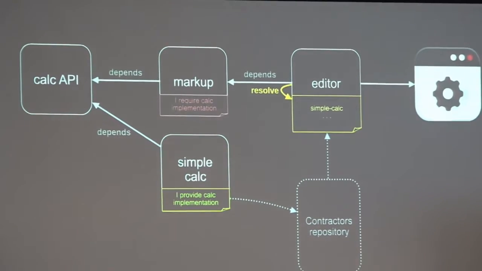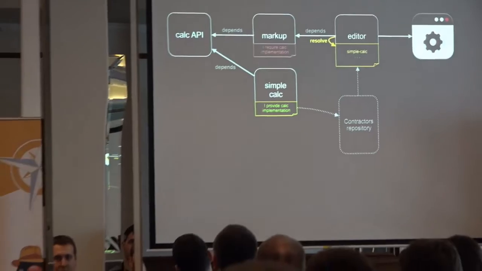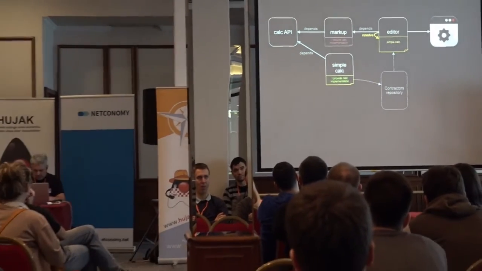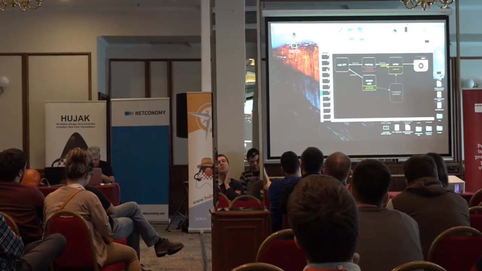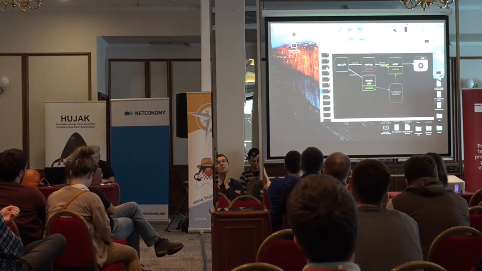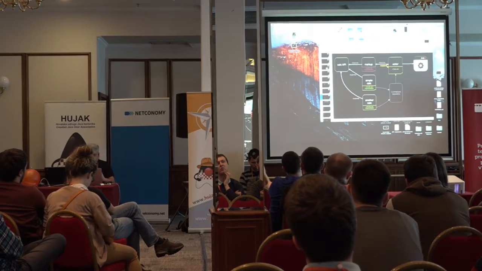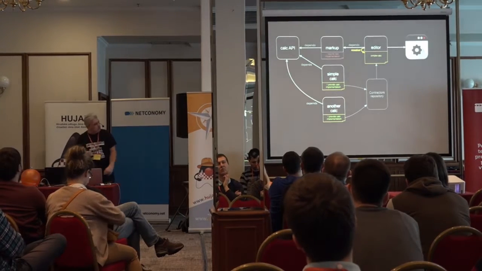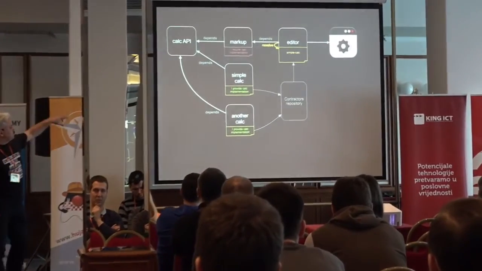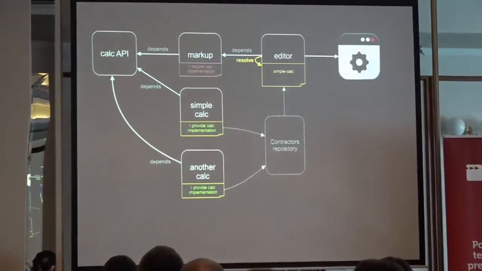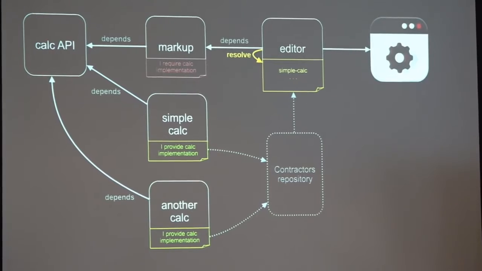Now, to just show you how this can go one step further, let me see if I didn't miss anything. Of course I did. So if I later on, just to continue on the example, provide another implementation of the calculator, nothing changes, basically.